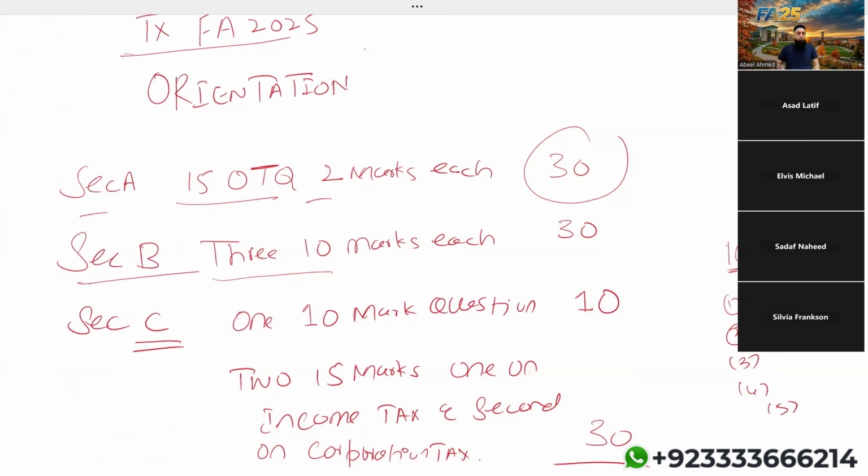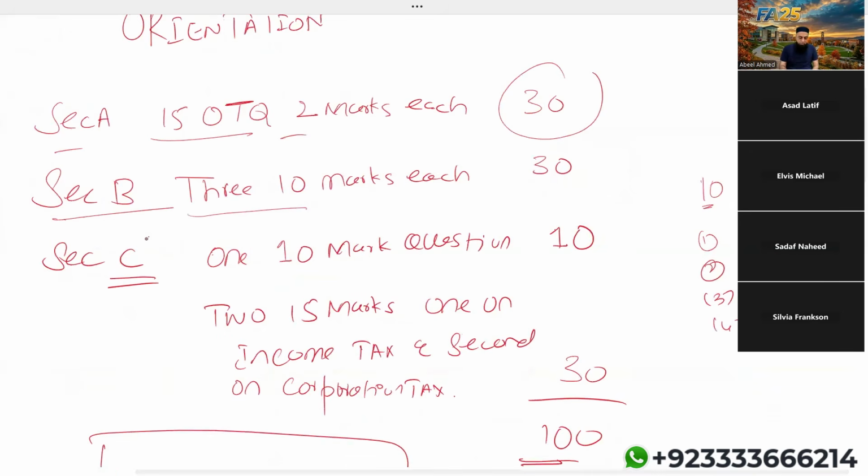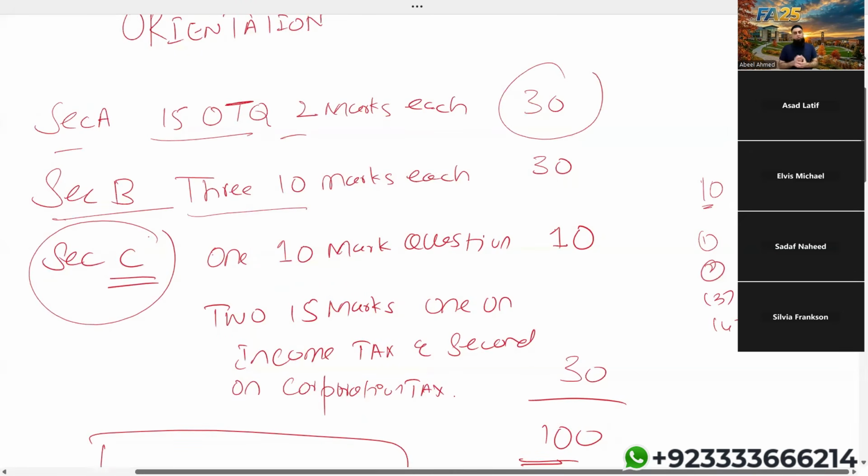Plus, in sections A and B, we don't need your Excel skill, but we do need your Excel skill when it comes to section C. Your typing speed has to be really good. In section C, your examination team tests long questions. In section C, there will be one 10 marks question.